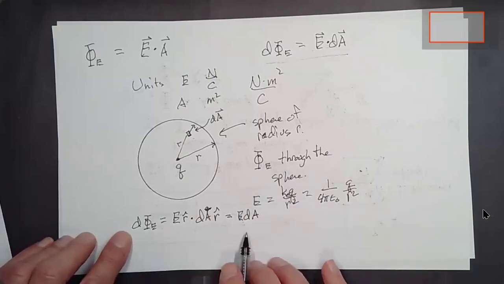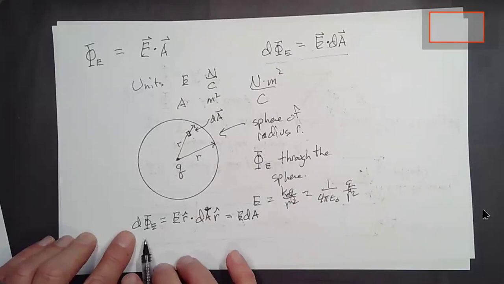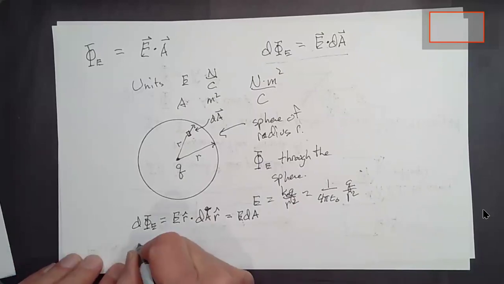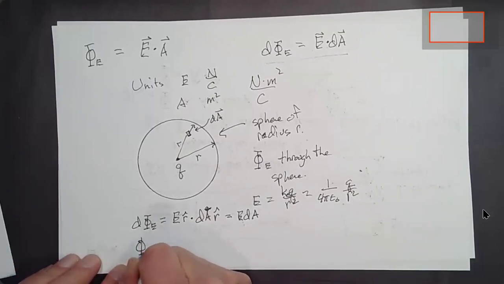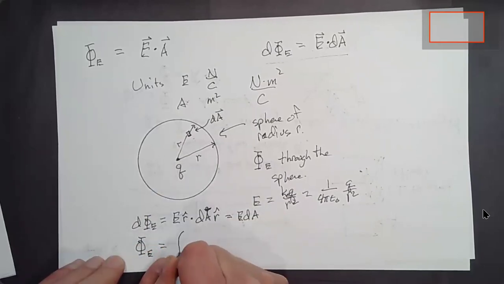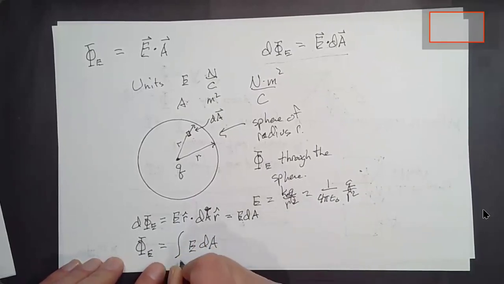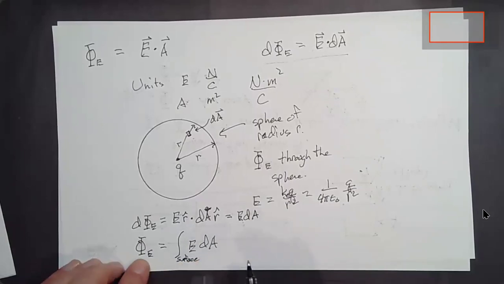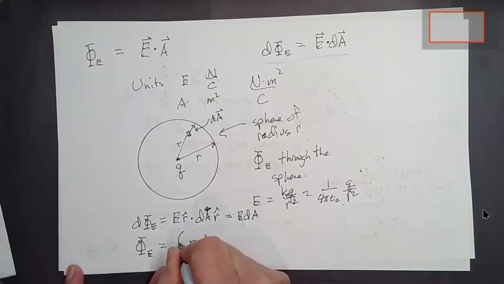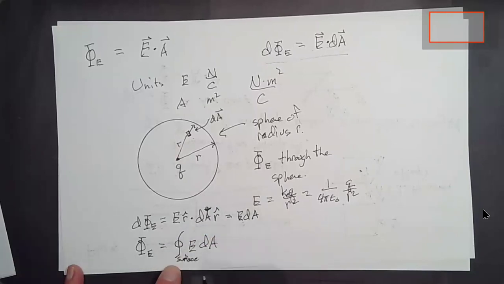Well, if I want to know the total flux over the entire surface of that sphere, the flux of E, I have to integrate E dA over the surface of the sphere. Okay, this is going pretty abstract here. And sometimes we draw a circle on this integral to indicate that it is a closed surface that we're calculating the flux over.